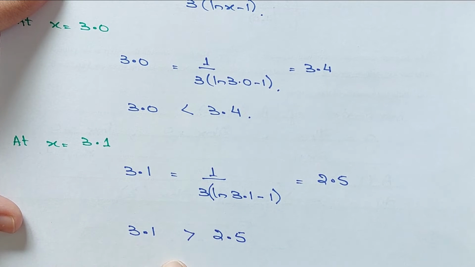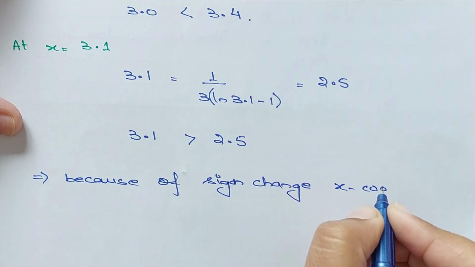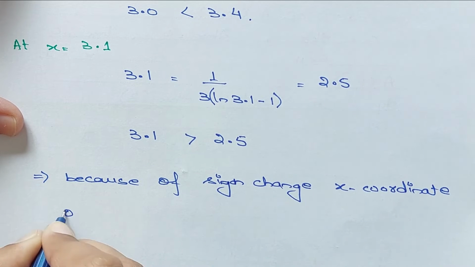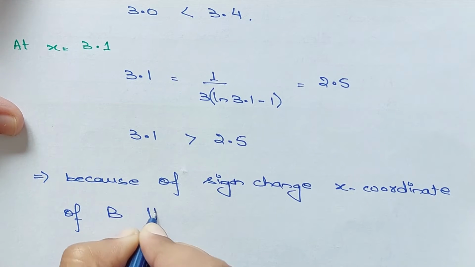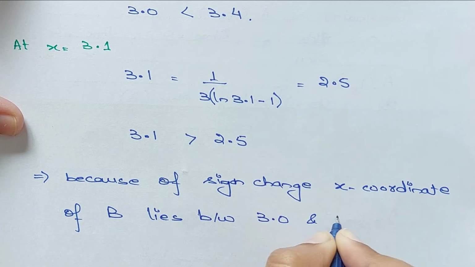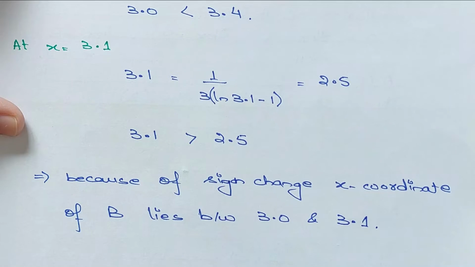This means the function changes sign, and because of the sign change, the x coordinate of B lies between 3.0 and 3.1. So that is the reason.